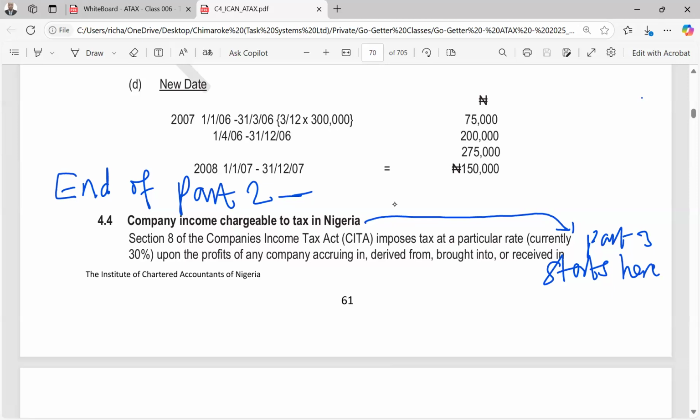Now, all the incomes here are chargeable to tax. Section 8 of the Companies Income Tax Act imposes tax at a particular rate.